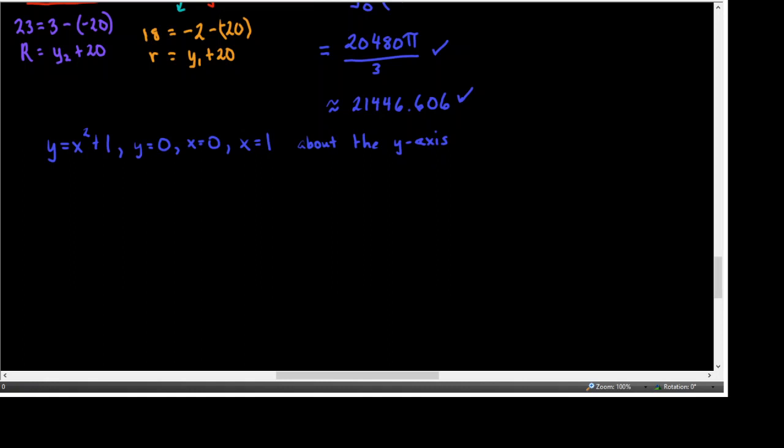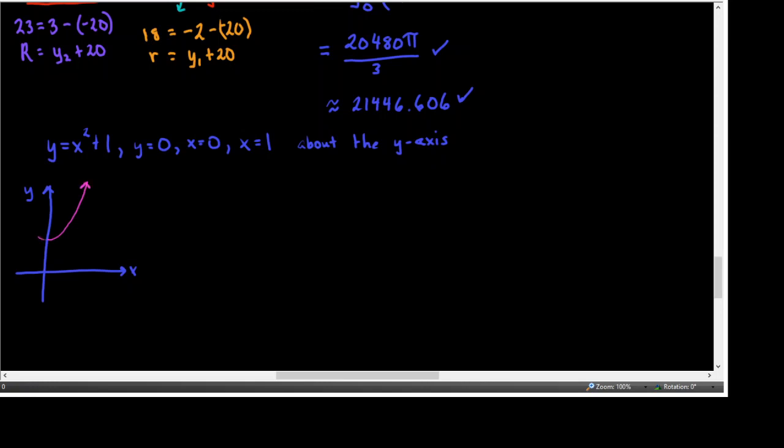So let's start with a view of what the region looks like that we're revolving. Y equals x squared plus 1 is a parabola that opens upward with its vertex at 1. And it's only that half of it I need.